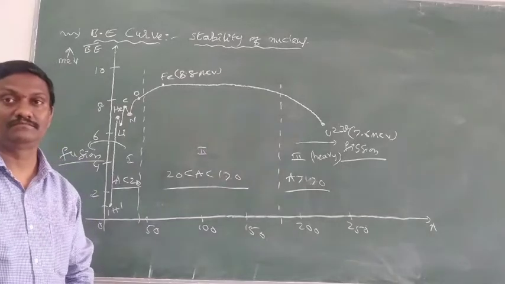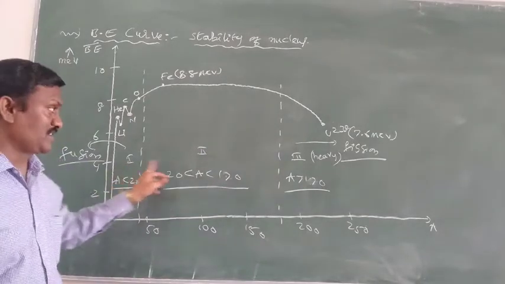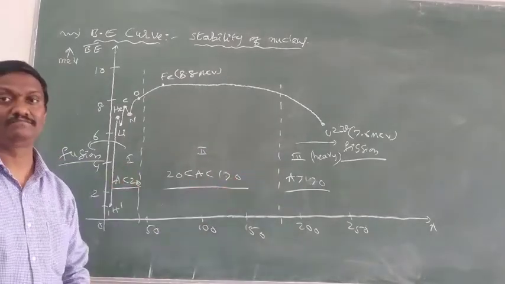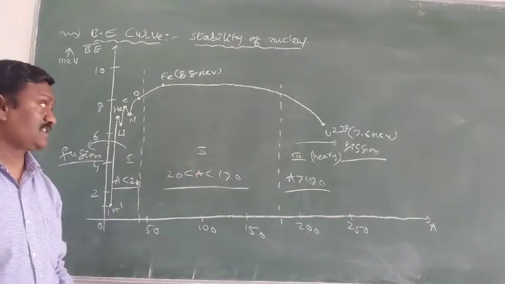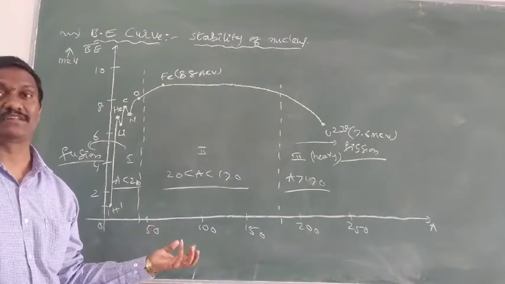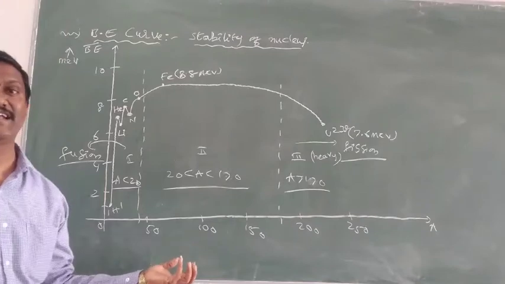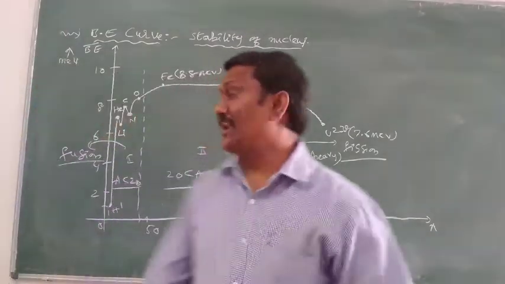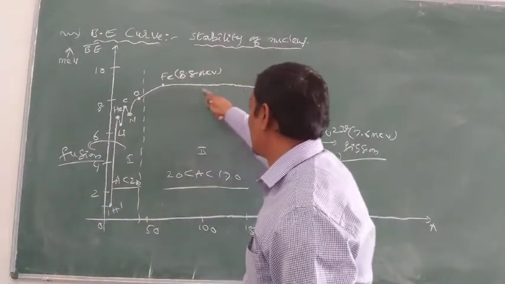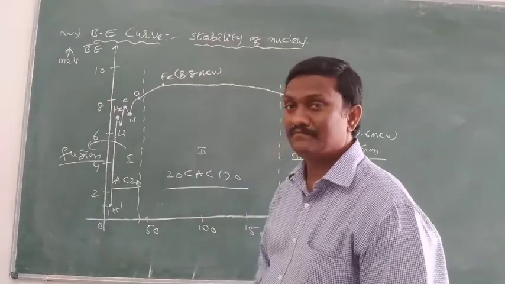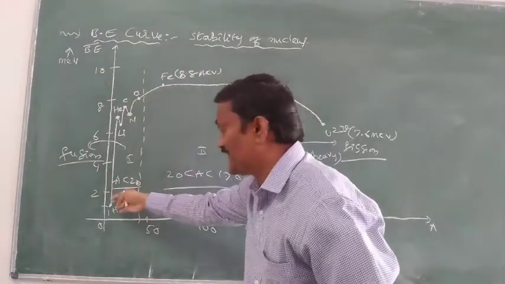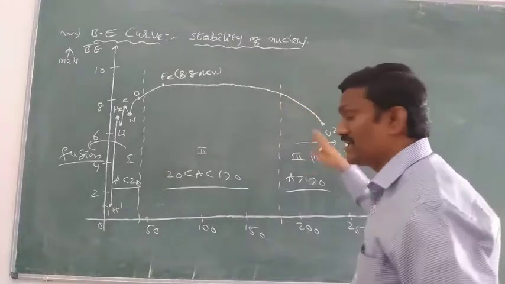The first and third regions, lighter and heavy elements, are unstable. The second region, middle elements, is stable. Average binding energy is more, stability is more. Middle elements have maximum average binding energy, so stability is more. Lighter and heavy elements have less average binding energy, so stability is less.